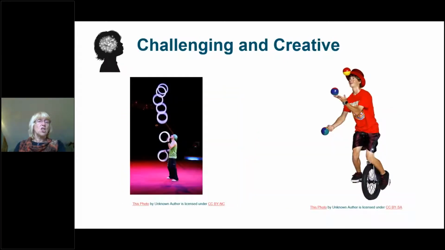We want the progression to be challenging and creative. So here we're thinking about avoiding that learnt helplessness, children being independent. So all the information that if you go to Phil Bagge's website to help avoid learnt helplessness is important. At the same time, we've got to balance that with the cognitive load. We need what the children are presented with to be something that they can manage, that the learning is appropriate.